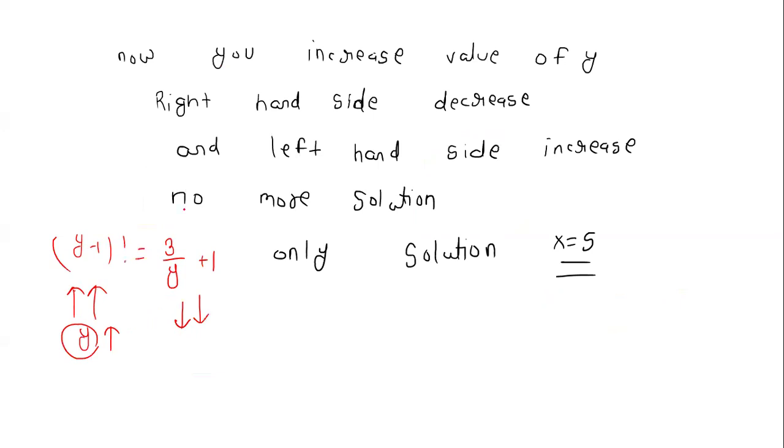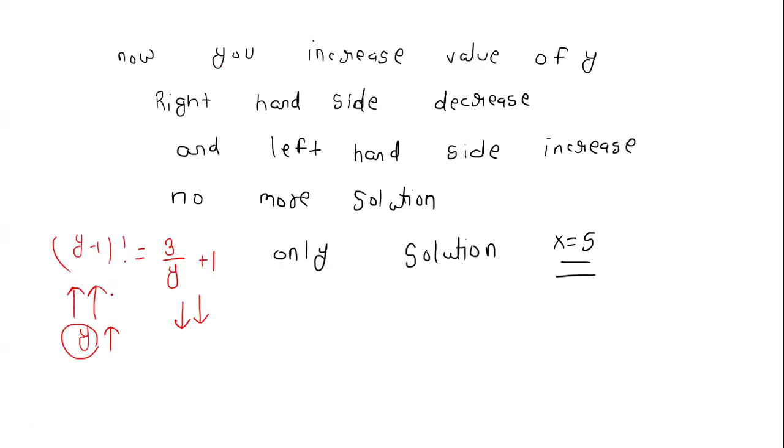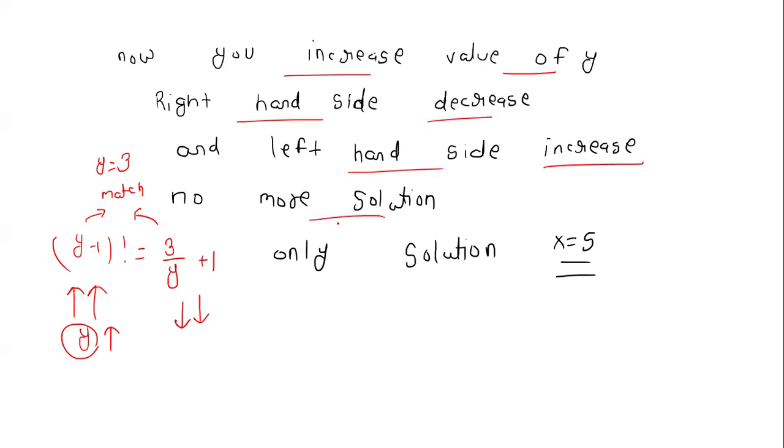Now we found the solution y is equal to 3, for which this side and this side are matching. So if you increase the value of y, the right hand side will decrease and the left hand side will increase. So there is no more solution. For any values of y greater than 3, they will not match. So the only solution possible is x is equal to 5. So in this way we can solve this.